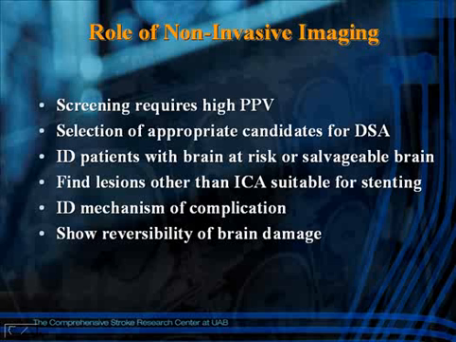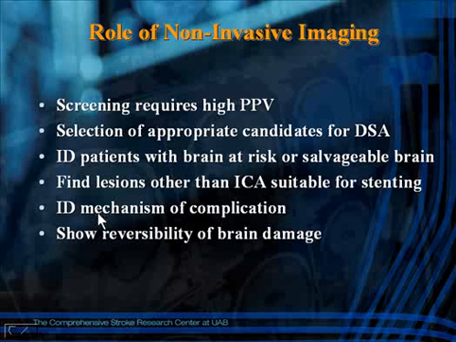The other application that carotid duplex offers is finding lesions other than in the ICA that could be suitable for treatment, carotid endarterectomy or stenting. For example, lesions in the common carotid artery, or finding evidence of dissection. That information can be available.